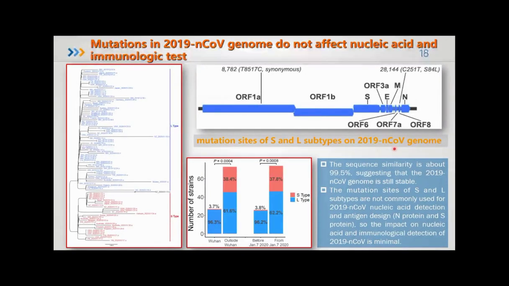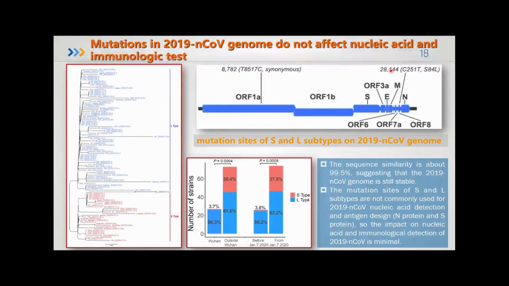This virus evolved into two major types, designated L and S, that are well defined by two different SNPs that showed nearly complete linkage across the virus strains sequenced to date. This analysis further supports the idea that the two linked SNPs at the site here and here adequately define the L and S type of 2019 novel coronavirus.